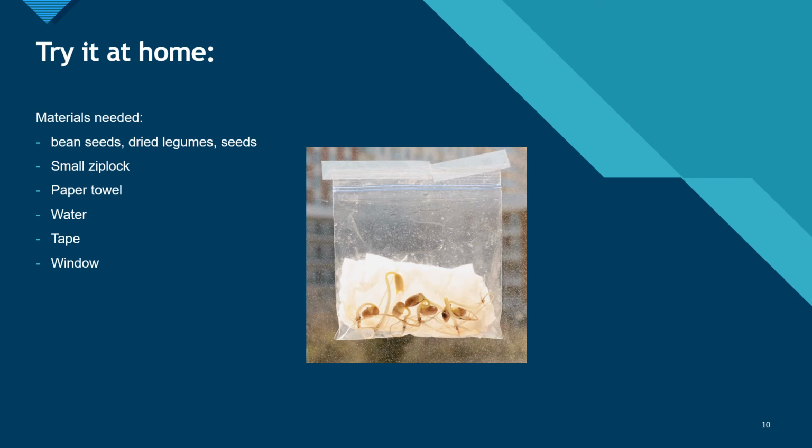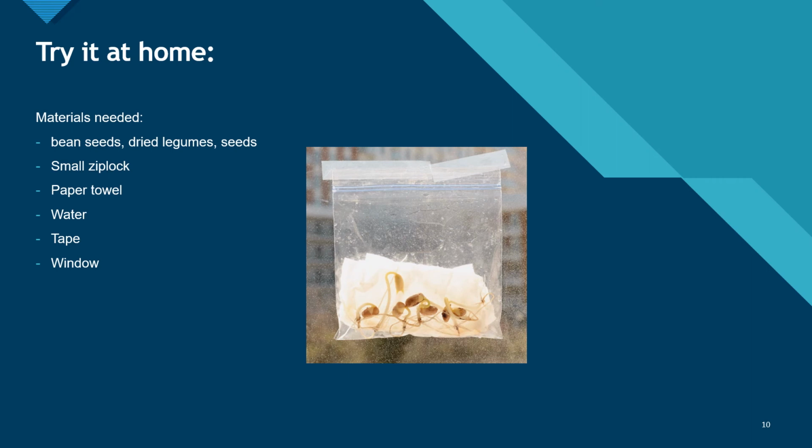So what you're going to do is take a paper towel that has a crease down the center, or just take two strips of paper towel, and run that under some water just to get it wet. Don't make it dripping, soaking wet, just wet enough.